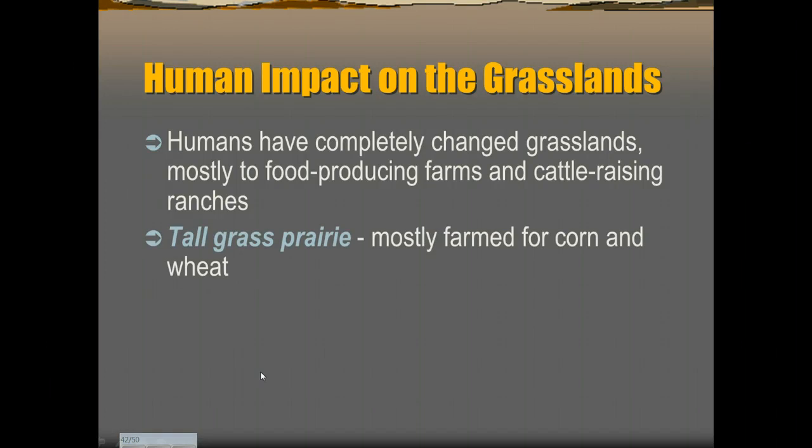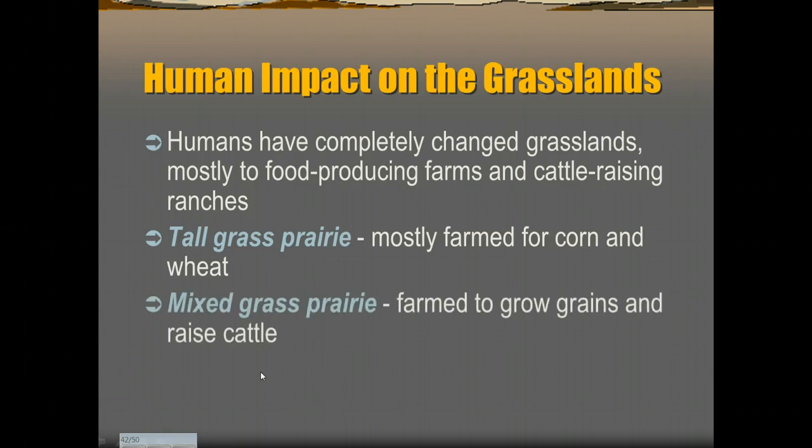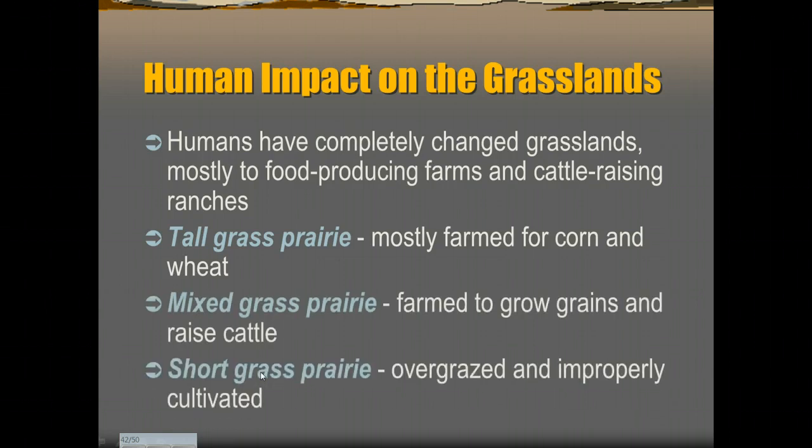And I think this was mentioned earlier that the tall grass prairies have become used for corn and wheat, mixed grass for growing grains, and the short grass are even today overgrazed and improperly cultivated. Now, you don't need to know all that specifically, other than to know that the humans have had an impact on the grasslands, primarily because we've changed it into farmland and changed it into grazing land, and we have not always done a good job in that.